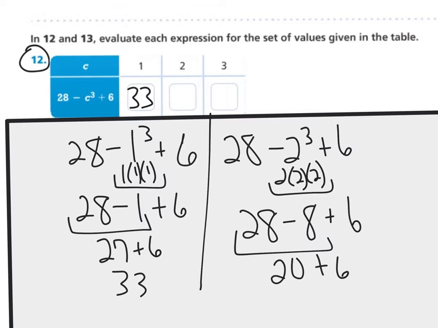And 20 plus 6 is 26. And then I think you get the idea. We would do the same steps, basically only substituting a 3 in, and you'll get 7. So that's what it means by completing the table if you're asked to do that at any point.